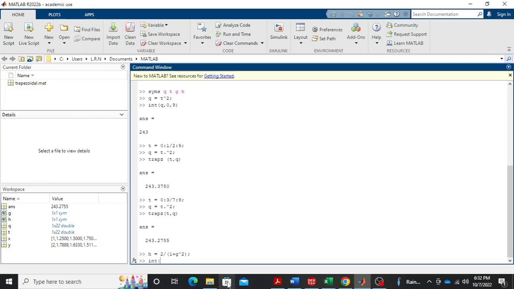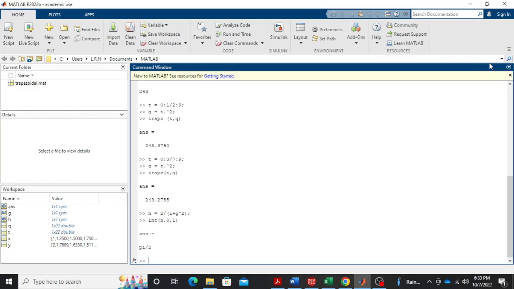So using conventional integration, the answer is pi over 2. If we consider the decimal form of pi over 2, it's approximately equal to 1.57, correct to two decimal places.